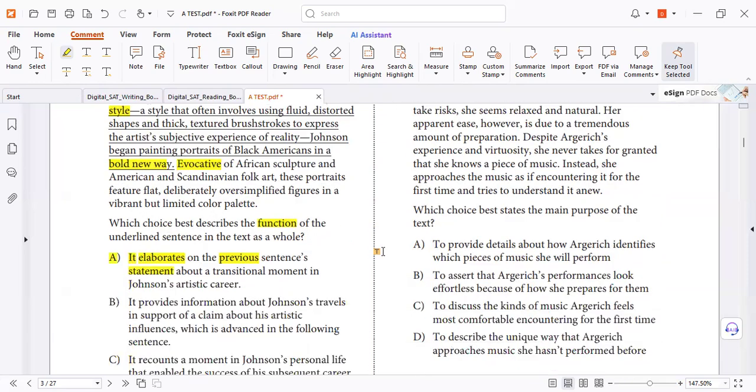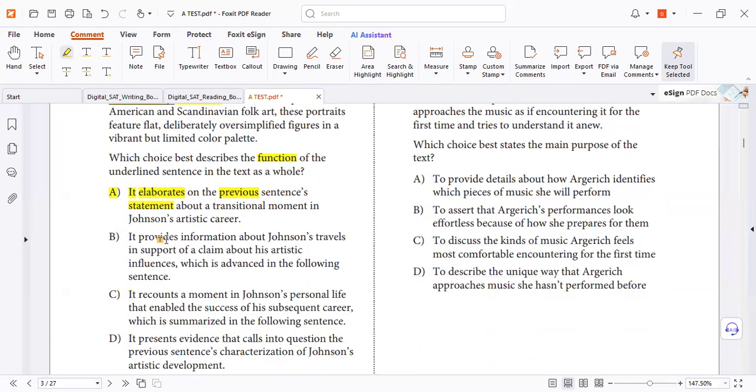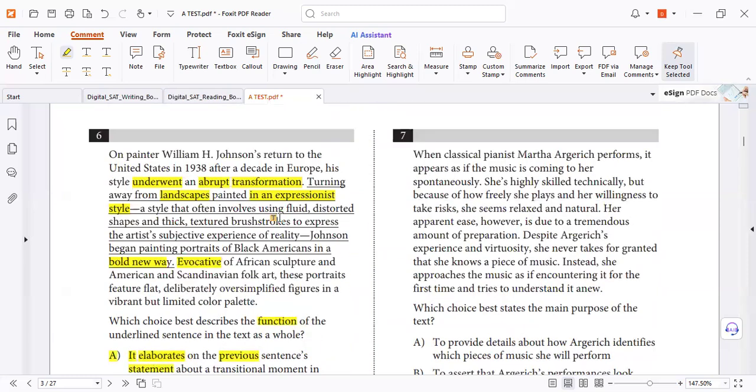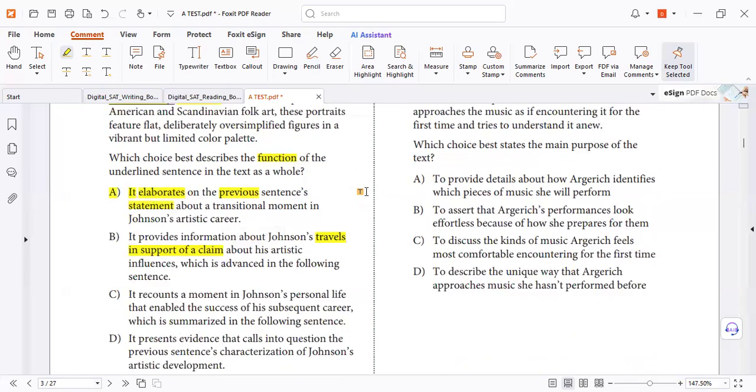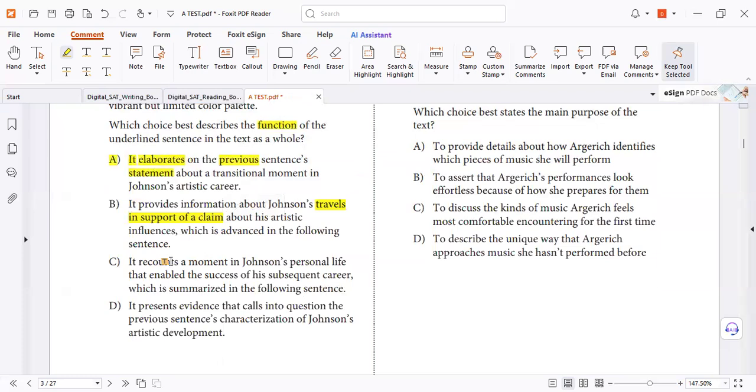Yes. But wait. It provides information about Johnson's travels, the underlined in support of a claim. But this one does not describe the transformation, not travels to prove it. Wrong. It recounts, all of them the same. Look, provides, recounts, presents, recounts a moment in his personal life.